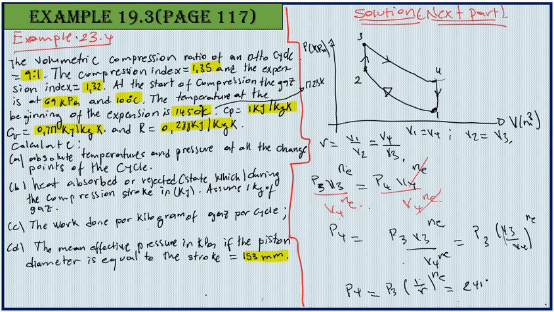So I have 2414 multiplied by 1 over R, which is equivalent to 9. On top I need to use the expansion index, which is equal to 1.32, and finally I get the value of P4.